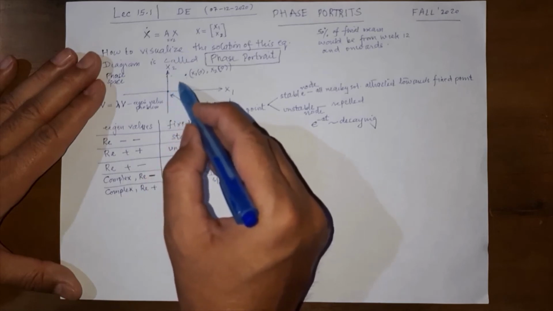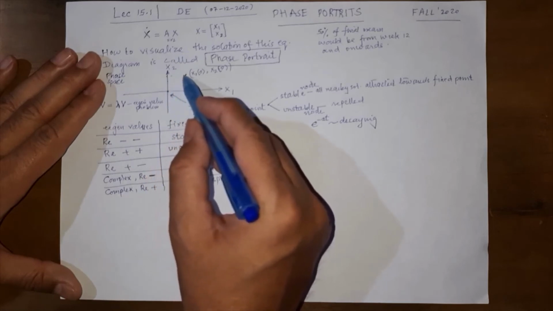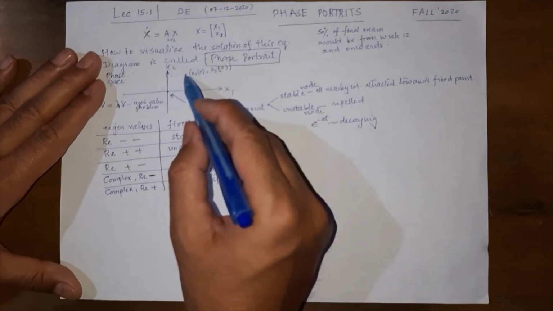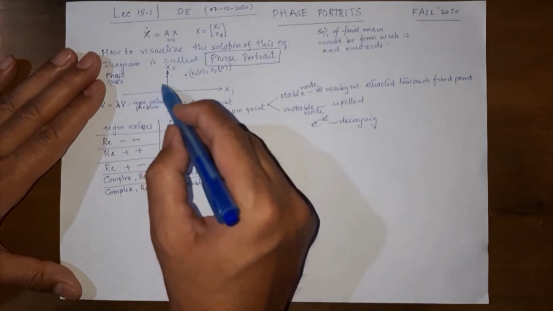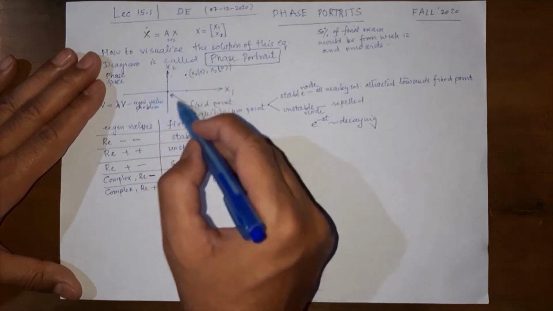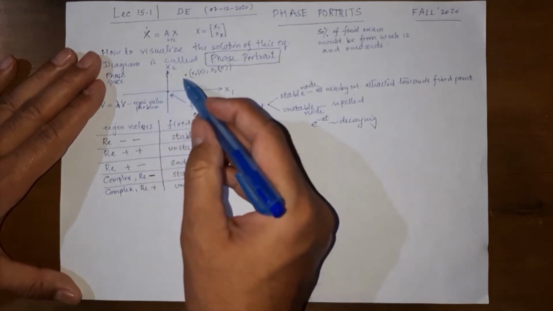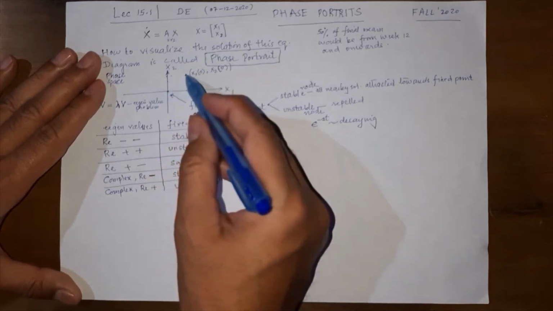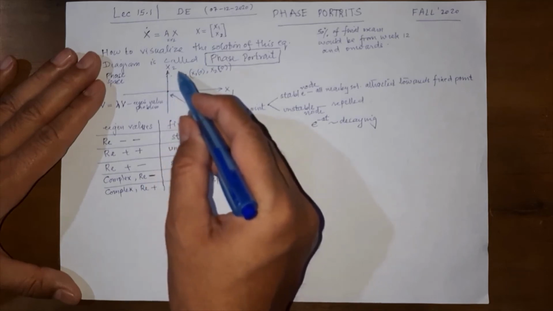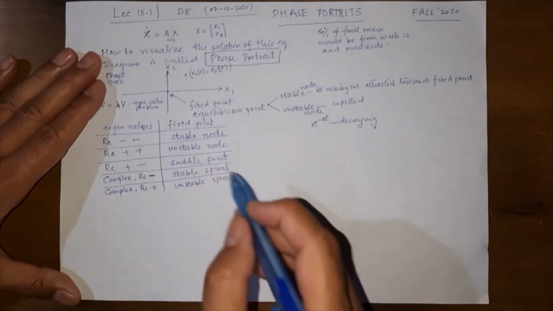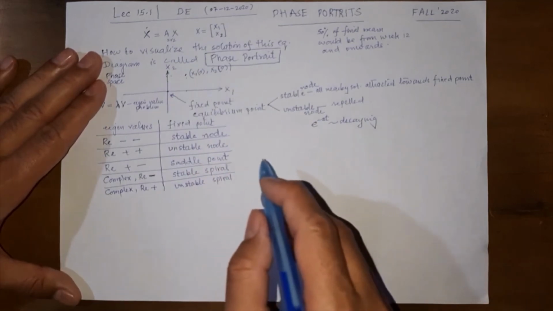If the trajectory is inward, it is stable. If the trajectory is outward, it is unstable. If the trajectory spirals into the fixed point, then it is a spiral fixed point. And the spiral can be drawn in two ways: either it will spiral this way or this way, clockwise or anti-clockwise. When it is clockwise and when it is counterclockwise, we will look at that.